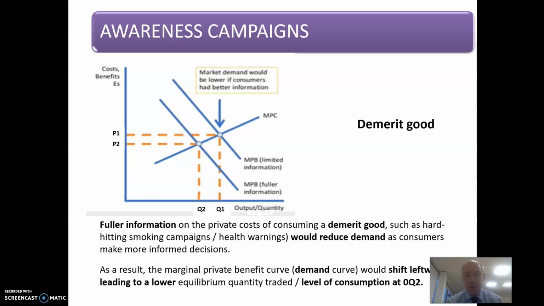So with the demerit good, the demand curve would shift inwards, from the marginal private benefit curve with limited information to that with fuller information, and as a result there would be a lower amount consumed of such a good, in this instance perhaps cigarettes. So an awareness campaign is designed to inform consumers so that they will reduce demand of demerit goods.